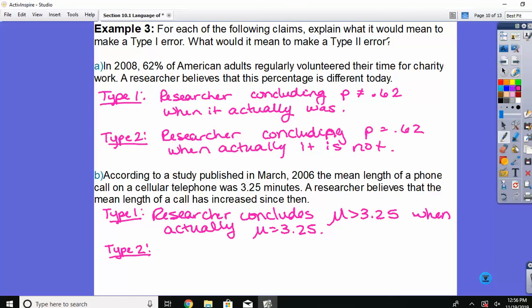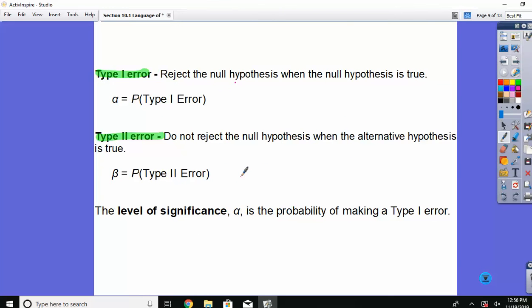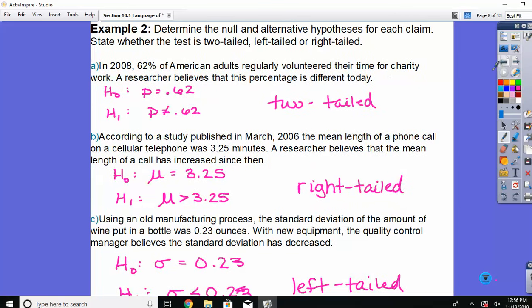Type 2 is when you don't reject the null, but the alternative is true. So type 2 would be when the researcher says, okay, the mean is 3.25, but in reality the researcher is wrong, and it is bigger.